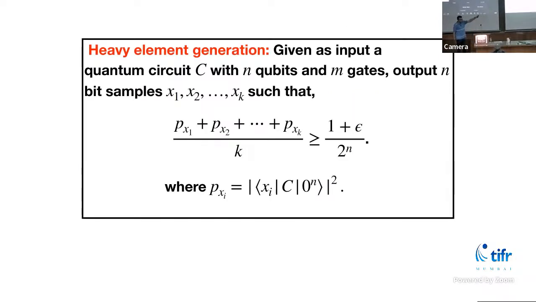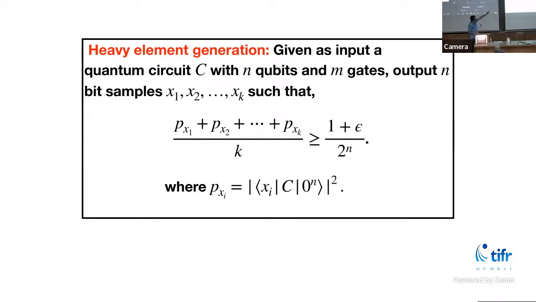And that's exactly the property we leverage to design a statistical test. The test is something like this. Say someone claims that they sampled from this distribution with respect to a circuit C. So they give you K samples. You compute the probability weight that each of these K bit strings has on the distribution specified by the circuit C. And then you see if it passes that value.